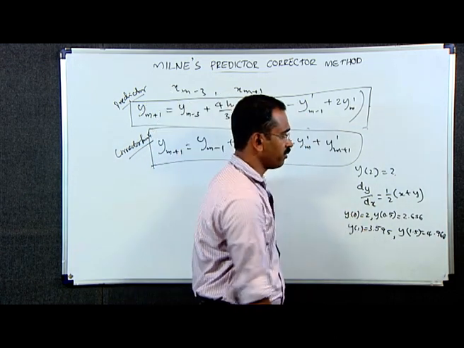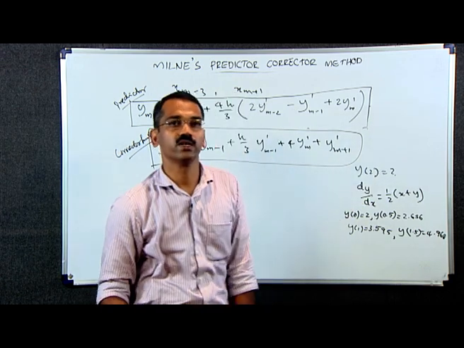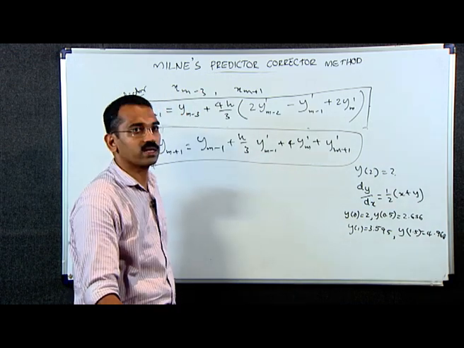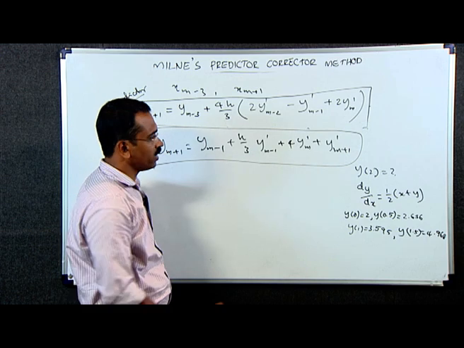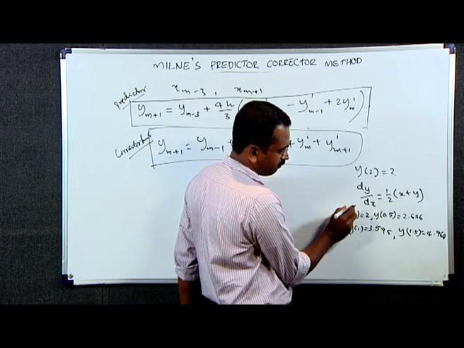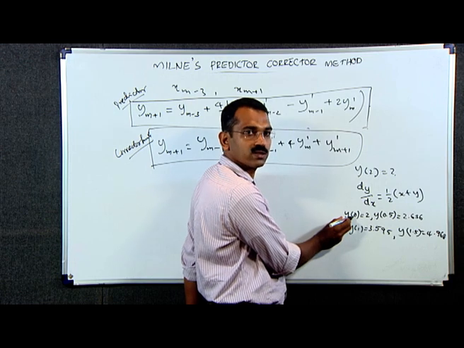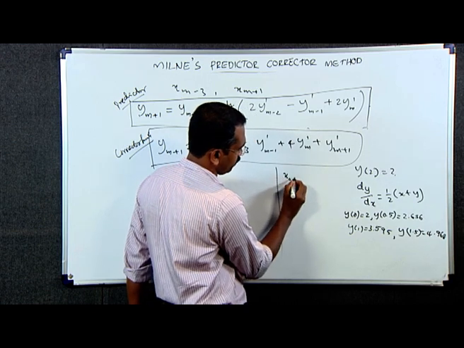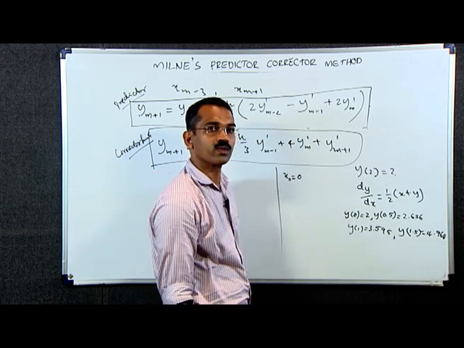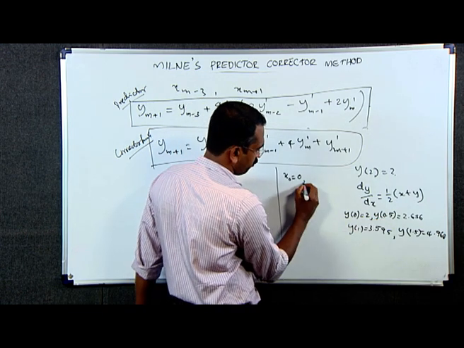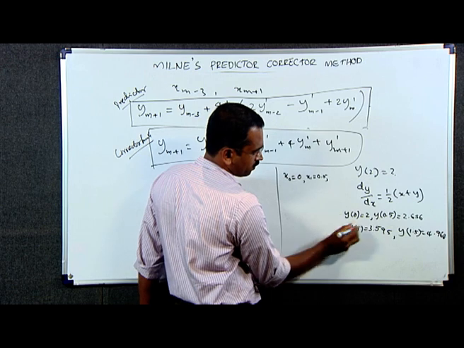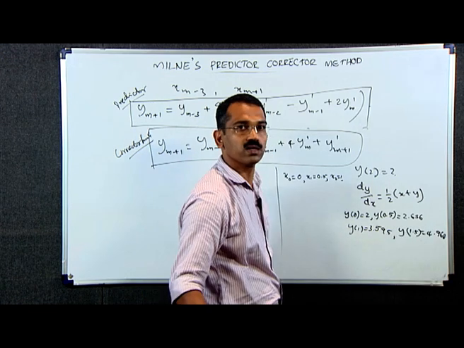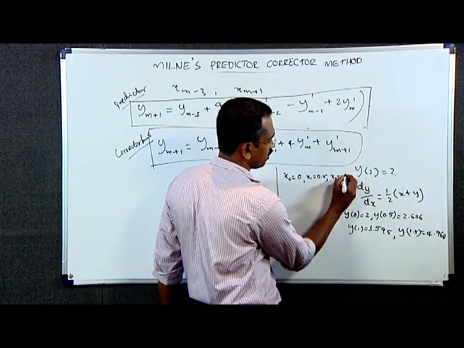These are given. We want to find the value of y at x is equal to 2, that is y of 2, using Milne's predictor corrector method. Here we have to take x naught as 0, because y naught is equal to 2 is given. x1 as 0.5, x2 is equal to 1 and x3 is equal to 1.5.